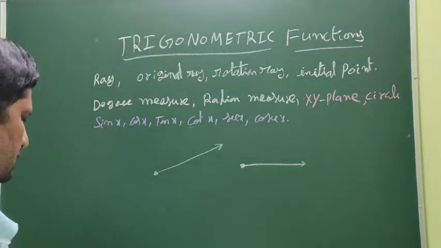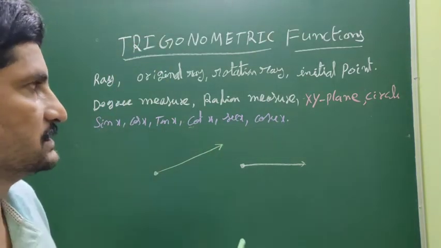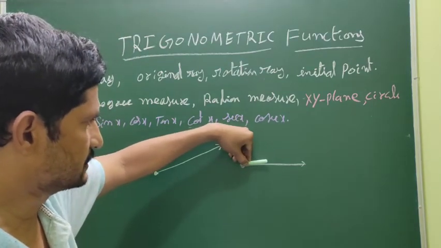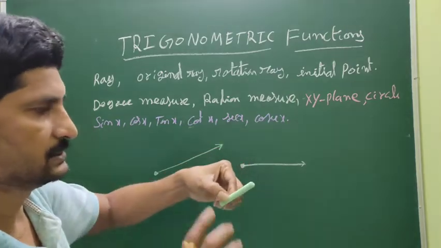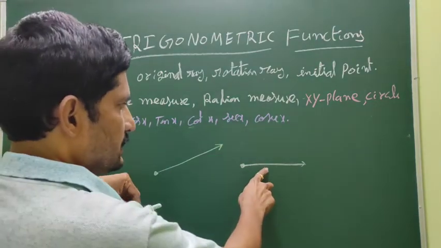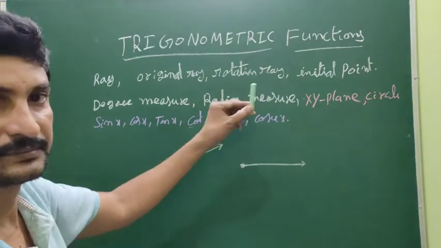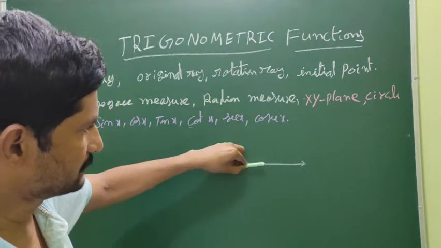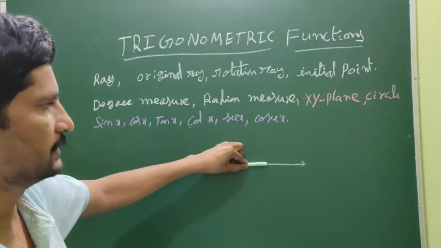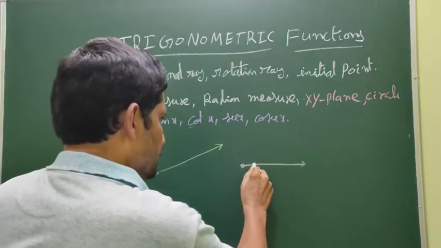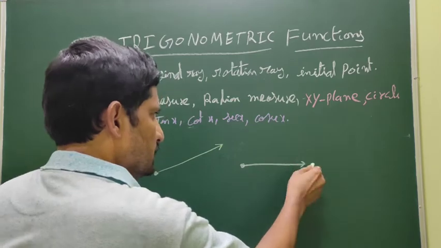Rotation ray. What is the rotation ray? The rotation ray is another ray. Suppose, see this chalk piece. It is also one ray. It is another ray. Now the first is fixed, and the chalk piece is moving, so it is rotated. Now here the two rays coincide. The chalk piece ray and that ray coincide.